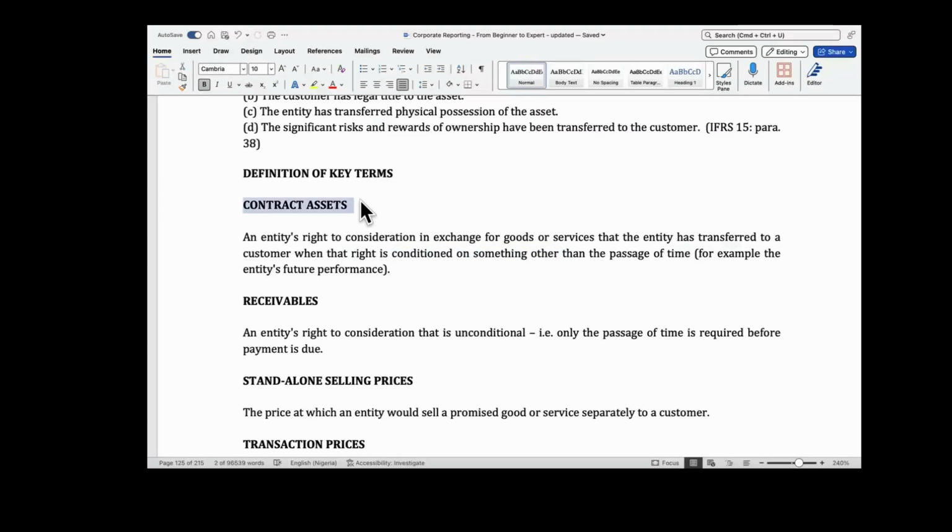You debit it to a contract asset. Until those conditions are met, then you can debit trade receivables. Then when you eventually collect your money, you cancel out the trade receivables.